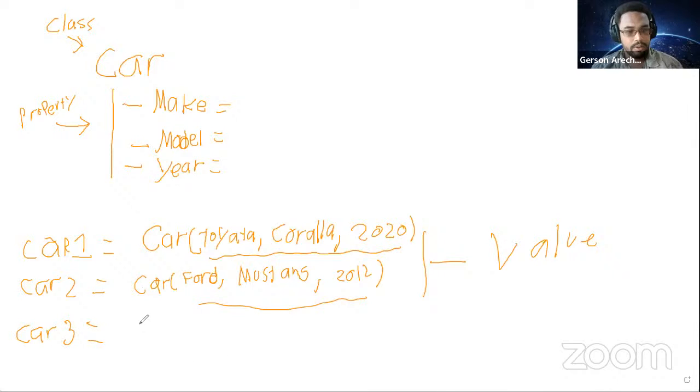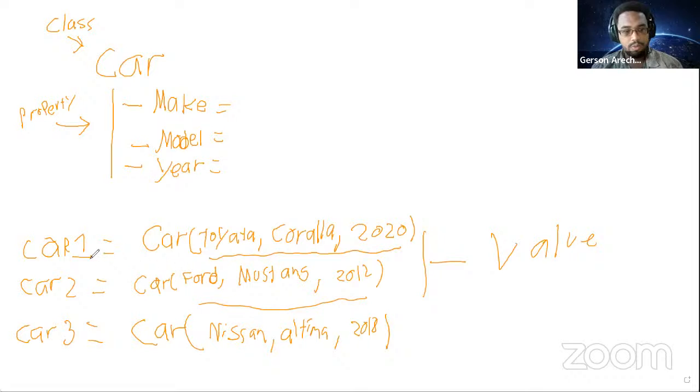I put Nissan as the make, the model maybe Altima, and 2018. So it has all the properties, make, model, year, and the values Nissan Altima. And that's the power of OOP.